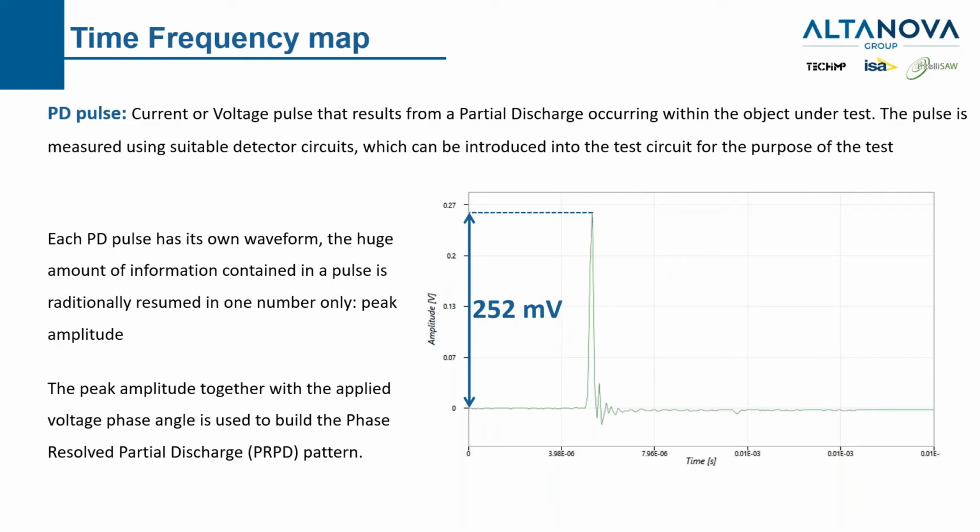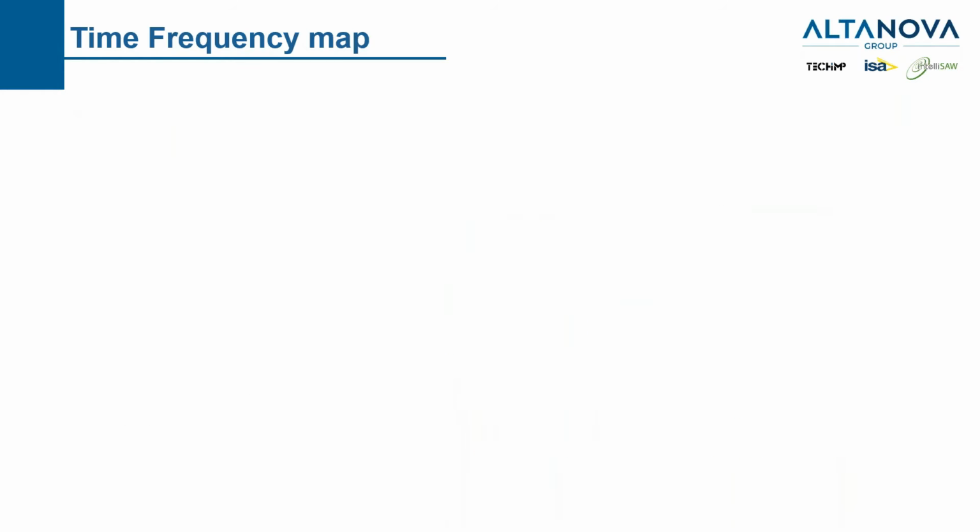And in normal condition, that's all the information that we get out from this PD pulse. We don't take into account the pulse shape or the pulse characteristics, the frequency component, and so on.